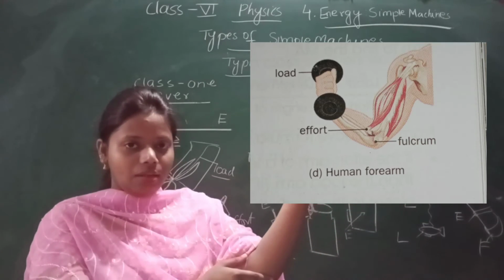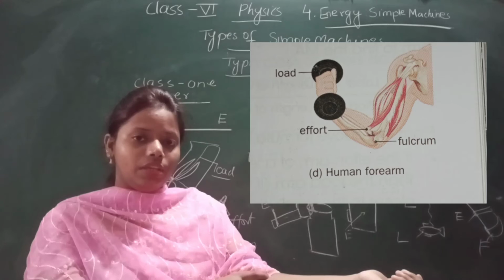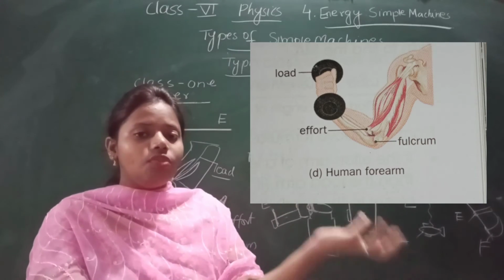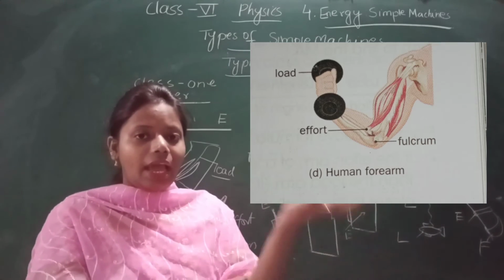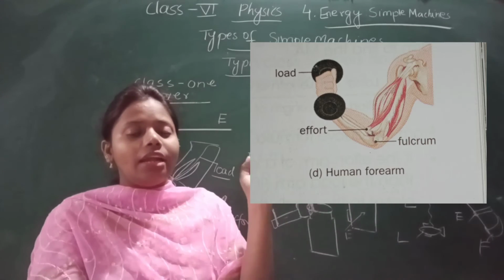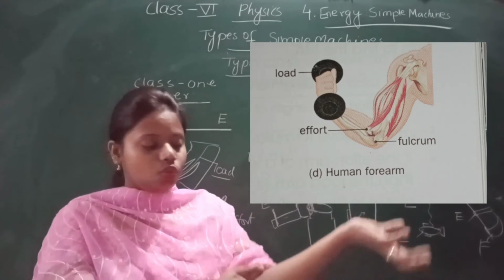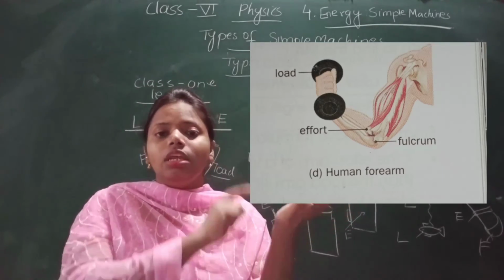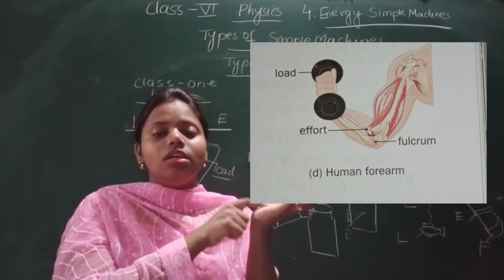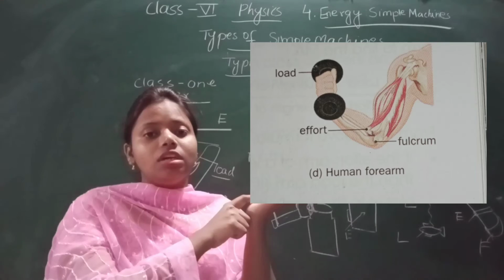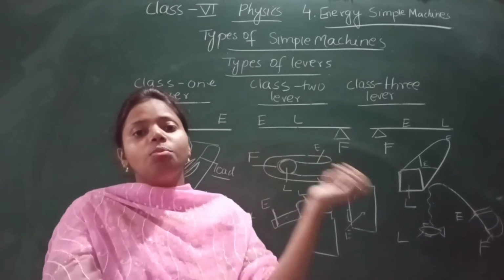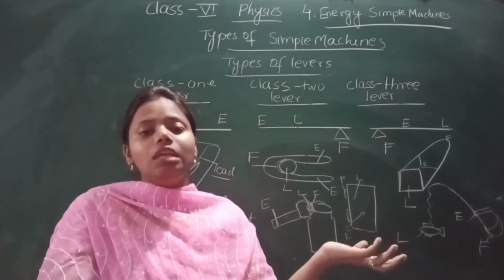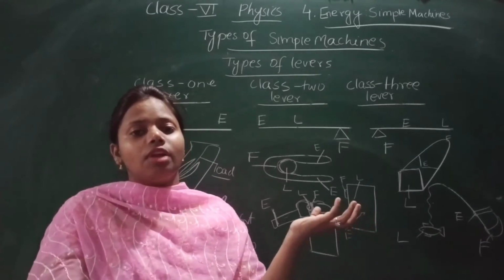Here fulcrum, elbow, effort will be here. And the load which we need to grab, catch, lift, whatever, in our hand, that will act as a load. So fulcrum, effort is in the middle, you have seen, and here is the load. So that becomes the class 3 lever. That means the human arm is also a lever, and that comes in the category of class 3 lever.